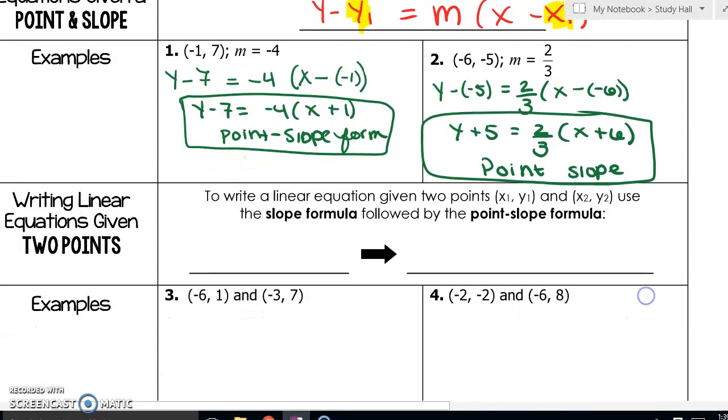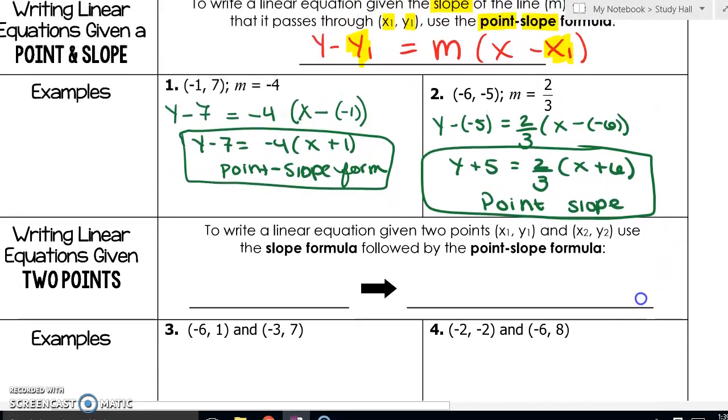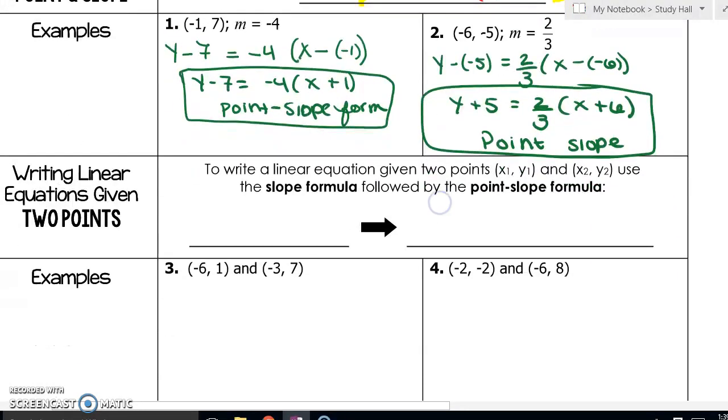So let's look at writing linear equations given 2 points using the point slope formula. So when you're given 2 points, the only thing that you can really do is to find the slope between these two. It would be hard to write an equation right from points because I don't know too much, but you can find the slope between 2 points using m equals y2 minus y1 over x2 minus x1.